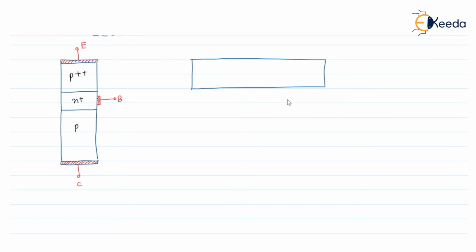This will be the emitter region, this is the base region, and here it is the emitter, this is the collector, and this is the base. So if I consider the PNP transistors, it will be P plus plus, this is N plus, and this is P. So this is the emitter, this is the collector, and this is the base.